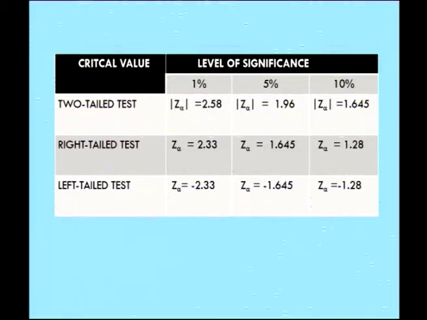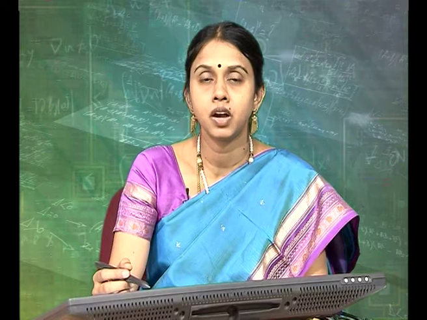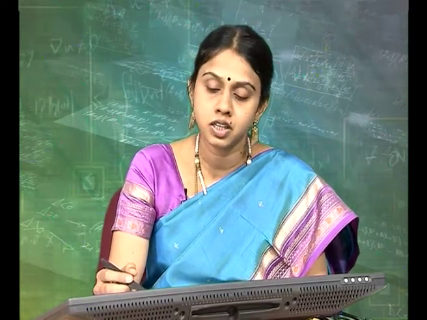So, Z at 1% is 2.58, whereas Z at 5% is 1.96 and Z at 10% is 1.645. As I was discussing, for the right tail test, for example, if you want to refer to 5%, the tabulated value for a two-tail test at 10% will be the same as the tabulated value for Z at 5% for a one-tail test, whether it is left-tailed or right-tailed.